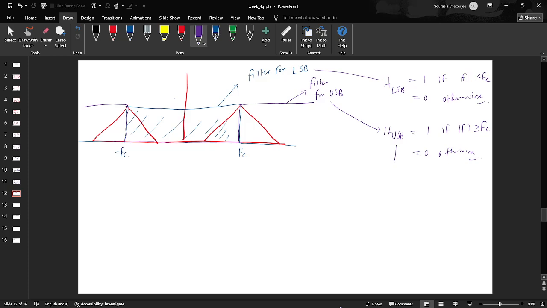So you can see this one here is nothing but a high pass filter, and this one here is nothing but a low pass filter.